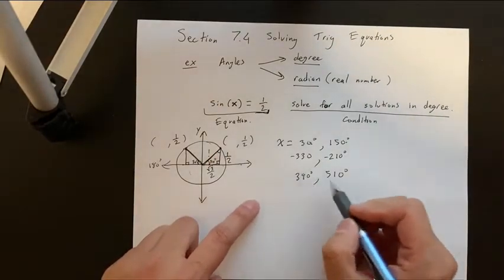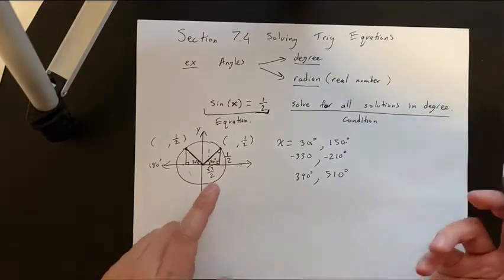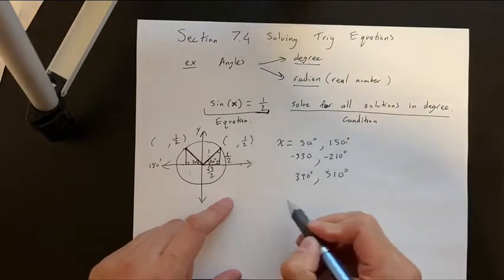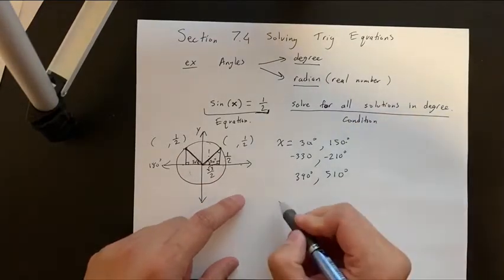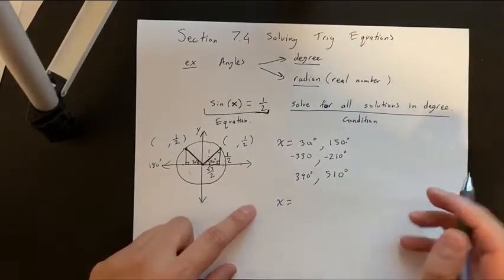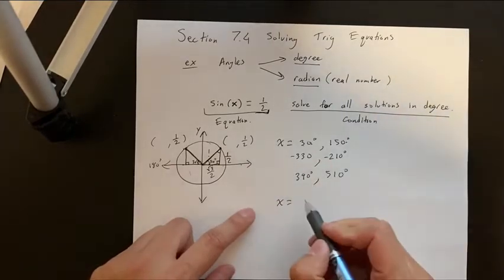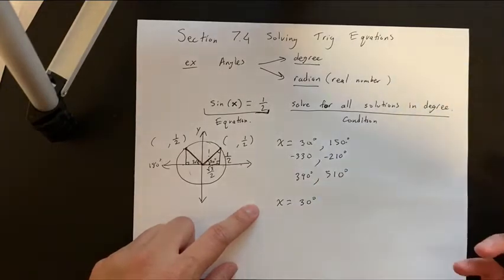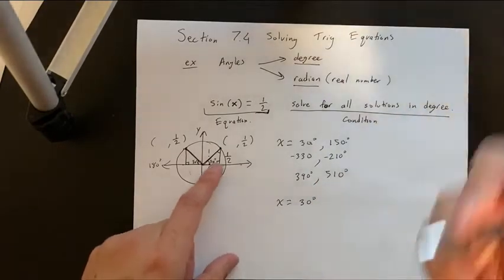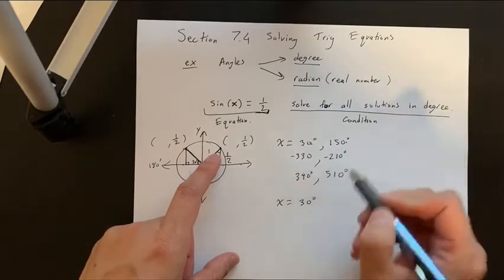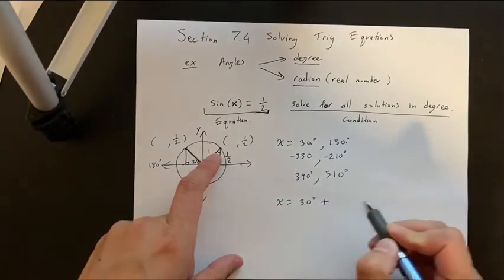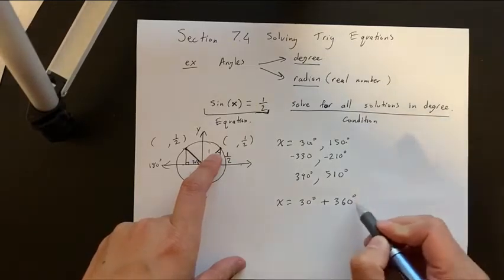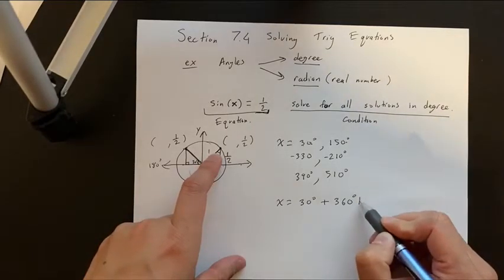So if you have to list out all solutions, it is impossible because there's no way for us to list out everything. But there's a very clever way of just stating all the solutions. Here we'll start with the first solution, but for any coterminal angle to this 30 degrees, you can add or subtract any multiple of 360. So we'll say 30 plus 360 times k.